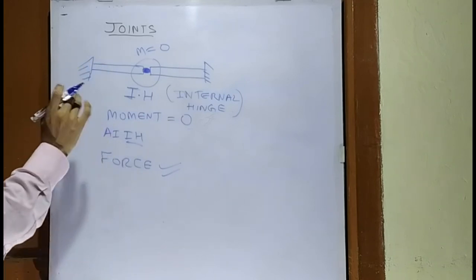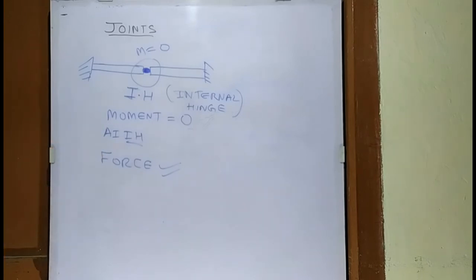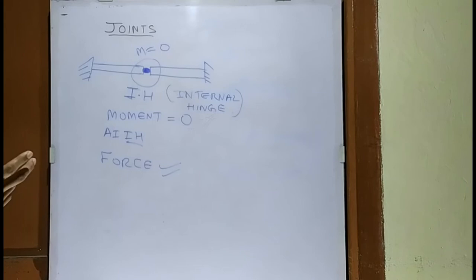This type of internal hinge we will discuss more deeply in our next videos, where we will discuss determinacy and kinematic indeterminacy. So right now that is it for this internal hinge.